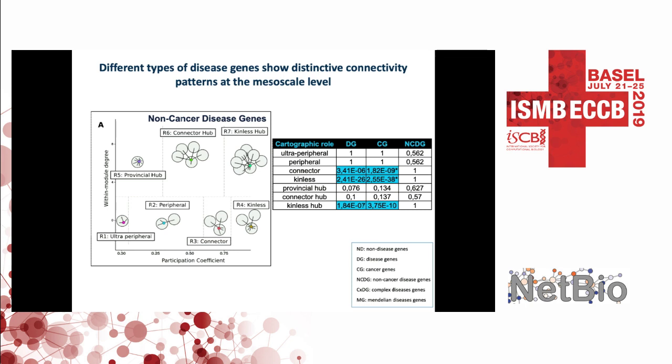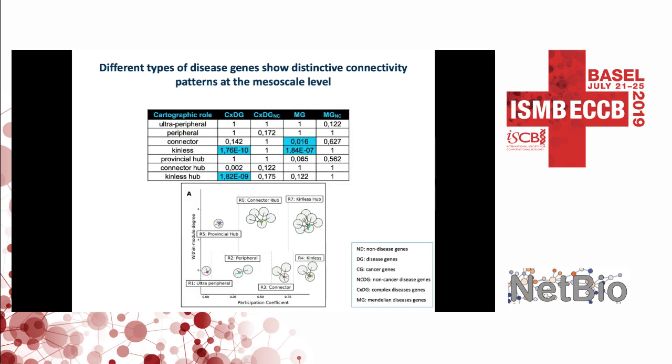And as you can see, all the signal for enrichment for particular roles disappeared when we removed the set of cancer genes from the disease genes, indicating that this signal of centrality was mainly driven by the cancer genes in the disease gene set.